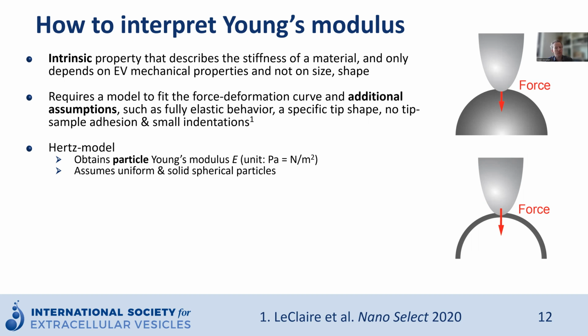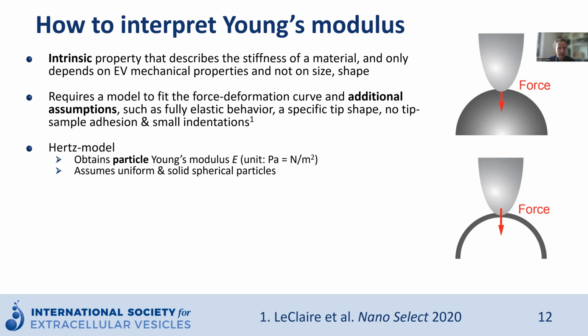Examples of where this model would be appropriate are a solid rubber ball or an iron ball. But in contrast, EVs consist of a membrane and a fluid-filled lumen and are clearly neither solid nor uniform. This model further assumes a specific indenter shape, but it has adaptations for various indenter shapes.